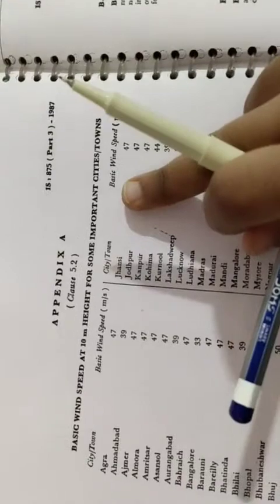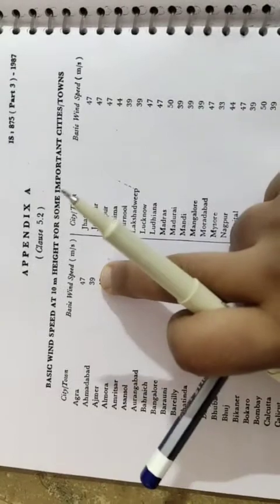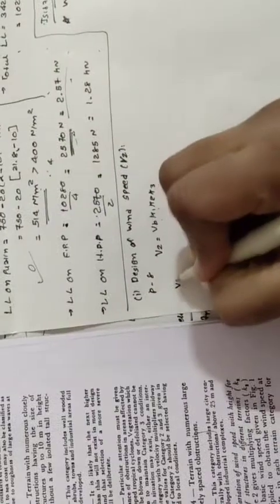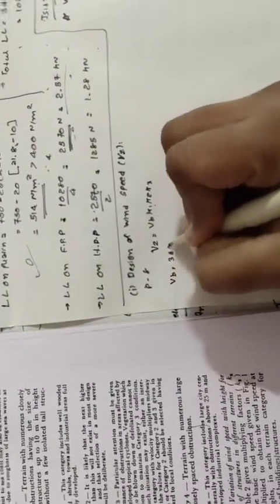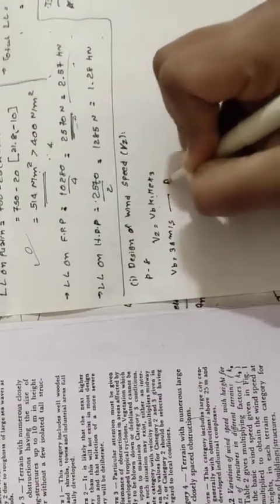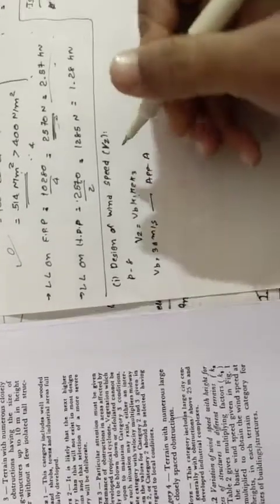In Appendix A, basic wind speed at 10 meter height for some important cities or towns, our location is Ahmedabad, right? For Ahmedabad, the basic wind speed is 39 meters per second, which is given on page number 53. So Vb is equal to 39 meters per second, given in Appendix A.